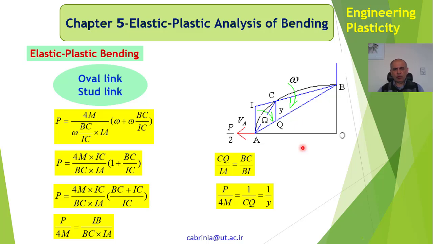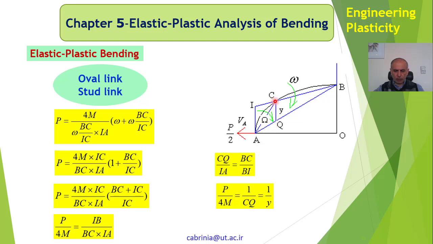So, as I said before, as C moves on this link, we reach some point where CQ is maximum. That is where the hinge is. We can see here that if Y is maximum, then P over 4M becomes minimum, and that's what we want for the collapse load.